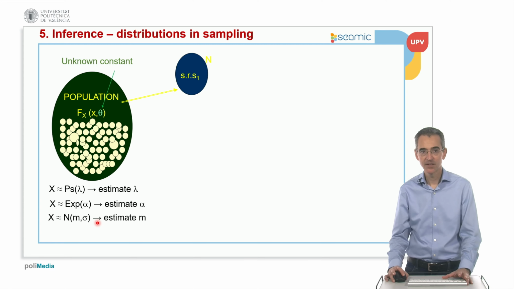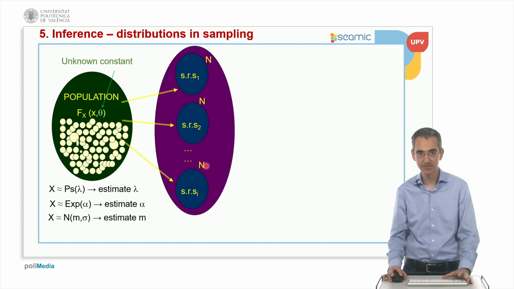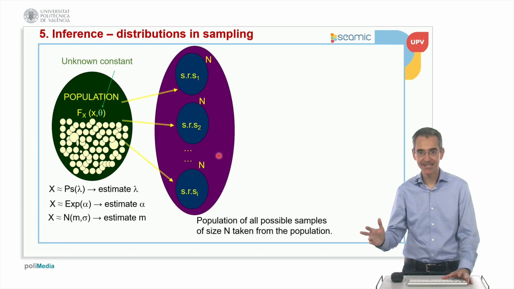So we take a first sample. SRS means simple random sampling, as I explained in the previous slides. We take a first sample, then a second sample, and so on, a lot of samples. This is the population of all possible samples of size n that we can take from the population.